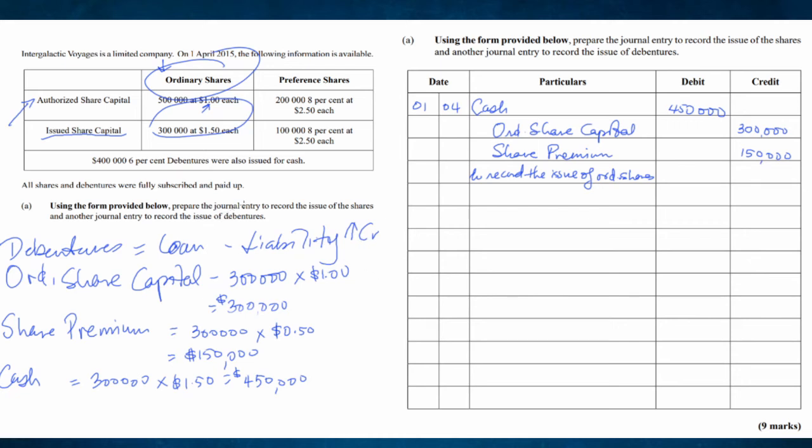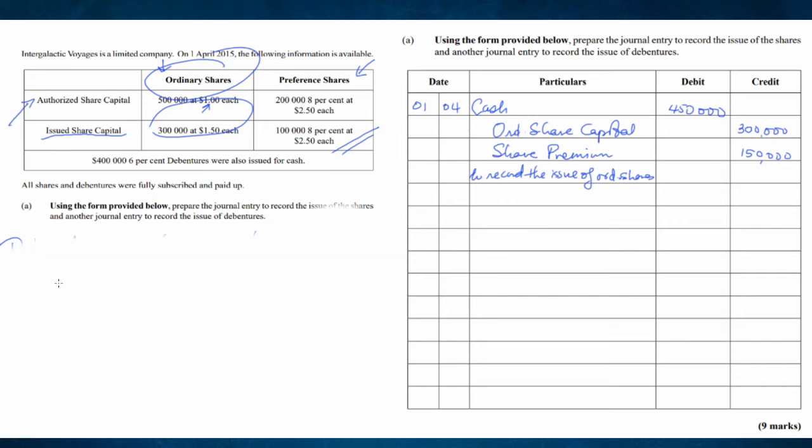Now, what are we focusing on when we deal with the preference shares? Remember, we're not focusing too much on the authorized share capital, but we are dealing with the issued share capital. So we take the same steps, same process as we did with the ordinary share capital, and we're going to record the journal entries. This can be quickly calculated.